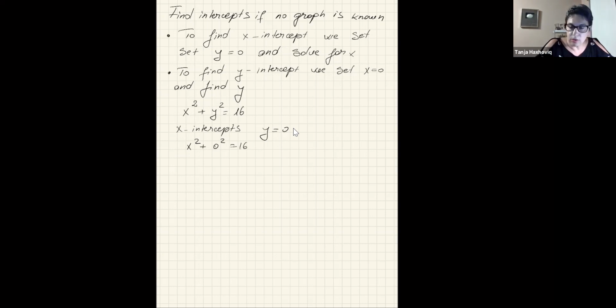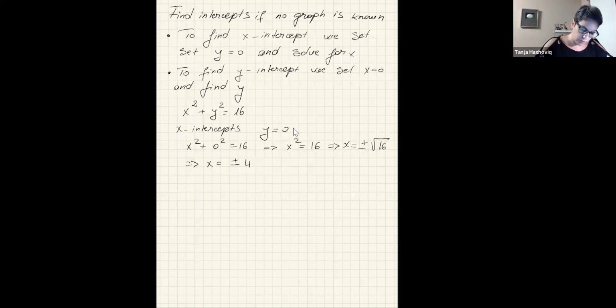I'm setting y to 0 and solving for x. So this means that x squared is equal to 16, which means that x itself is equal to plus or minus the square root of 16, not just the square root of 16, but plus minus. That's the same as saying x is equal to plus or minus 4.